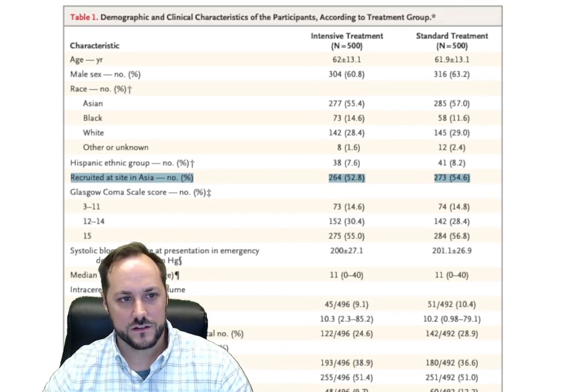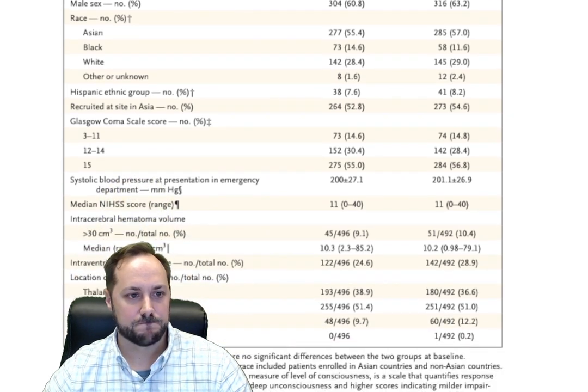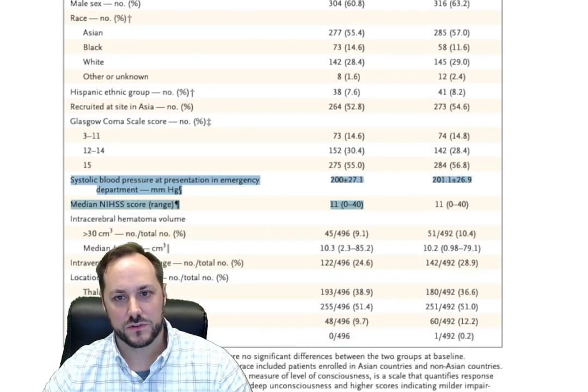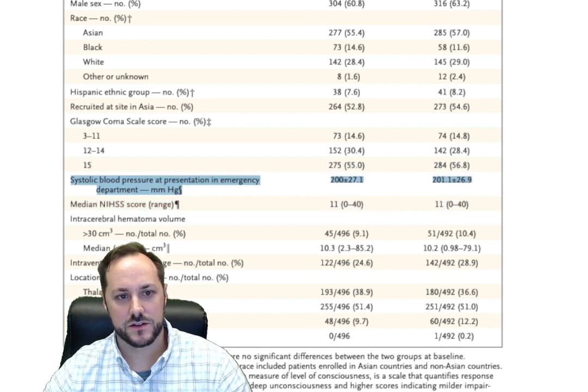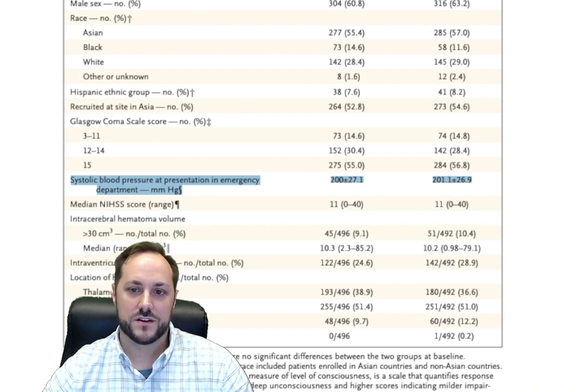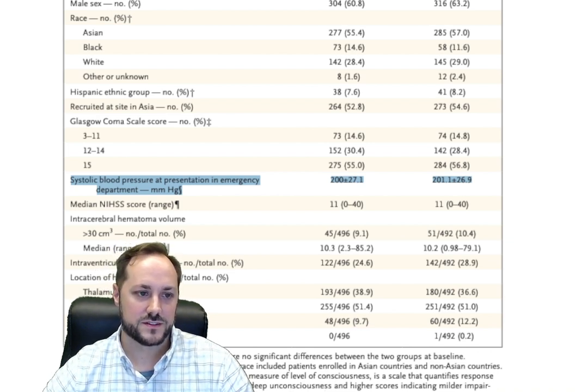But overall, the age is about the same as what we're usually seeing. The blood pressures would be a little bit higher in somebody who's receiving tenecteplase because of the criteria that we're using to even allow them to get the tenecteplase to begin with.